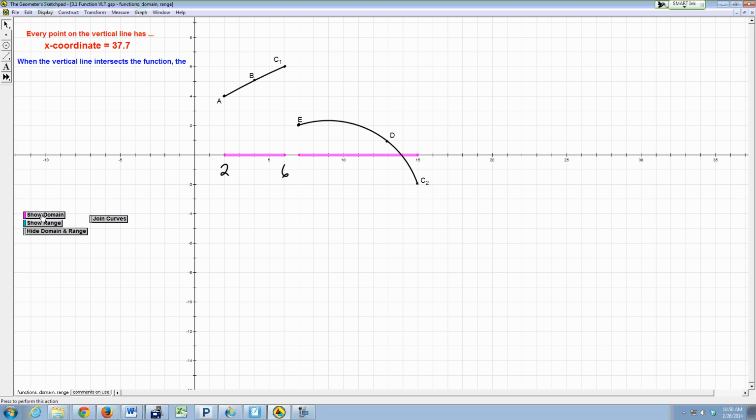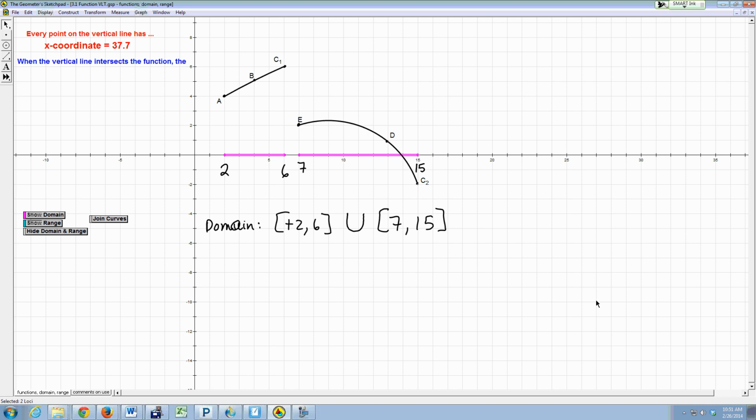So that's my first interval, 2 to 6. I'm going to now union that interval. Notice my union doesn't have a little stem on it. It's like a U without the stem. A lot of you put a U on it. And then the rest of my interval goes from 7 to 15. So I put 7, 15. So that's my domain for that function.